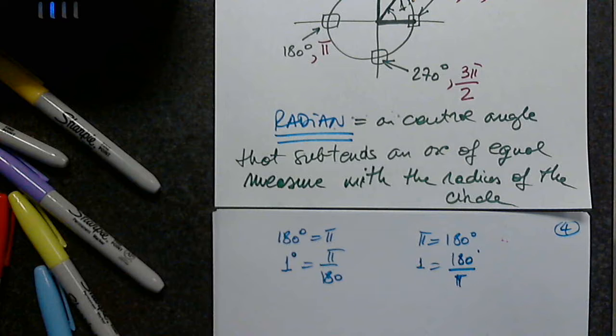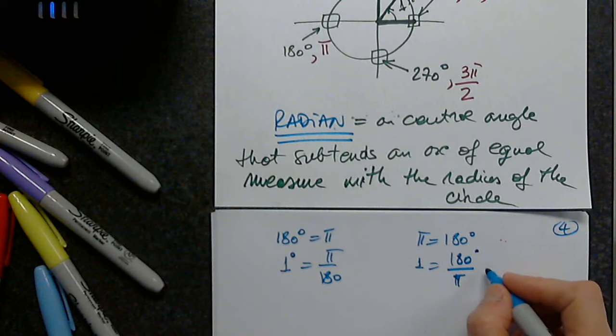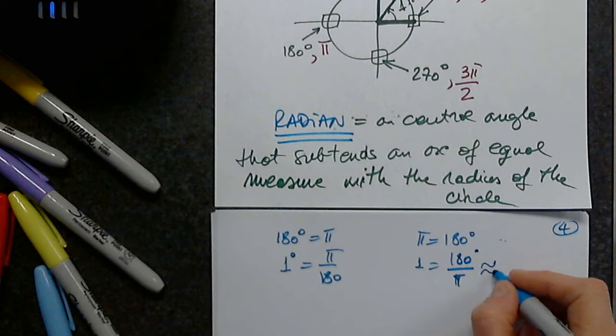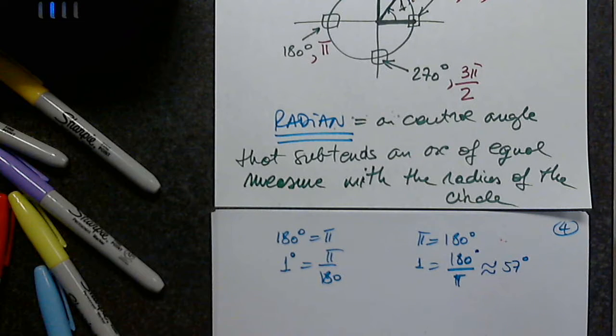So when you plug this in the calculator, you will see it's roughly 57 degrees. So let's plug it in. 180 divided by pi.